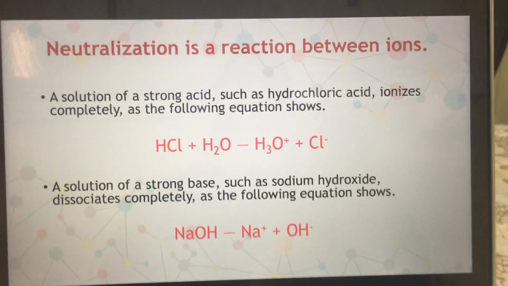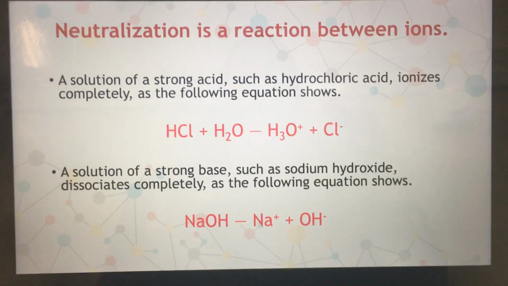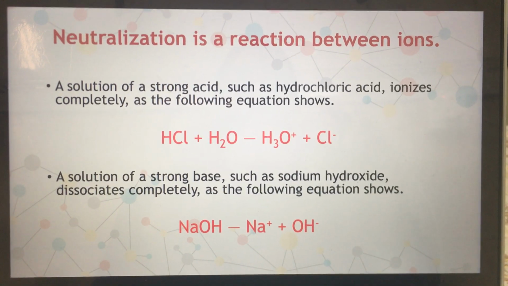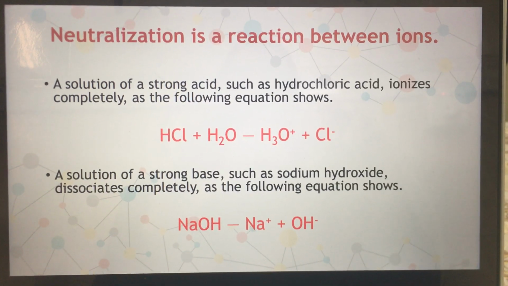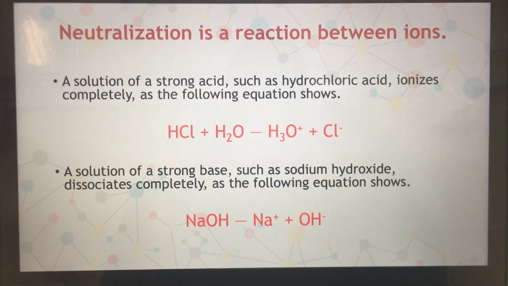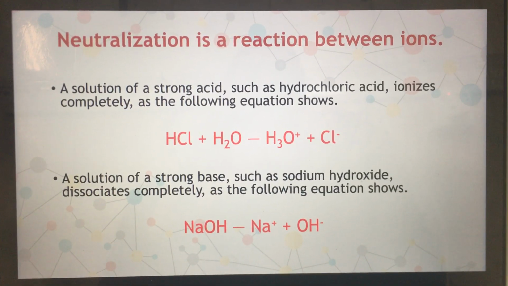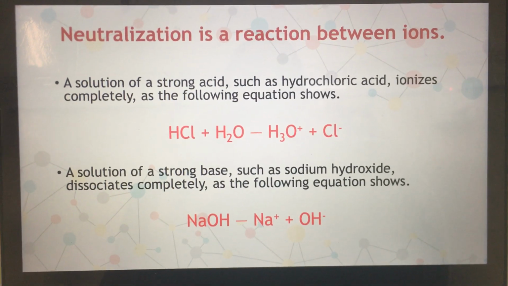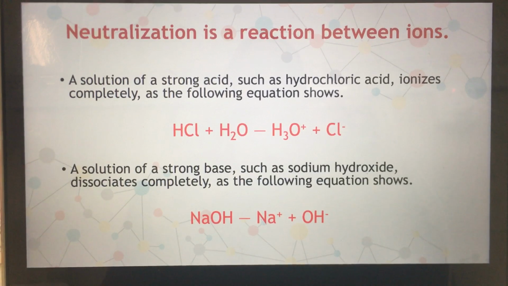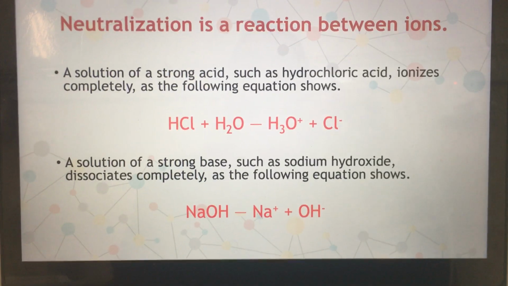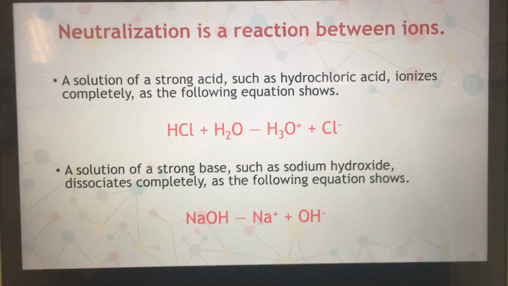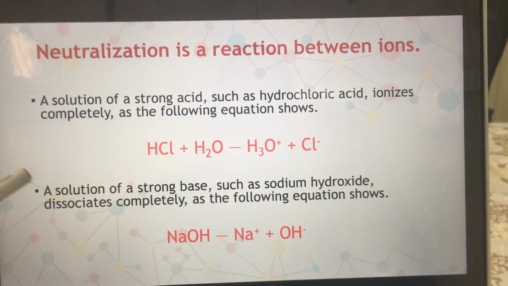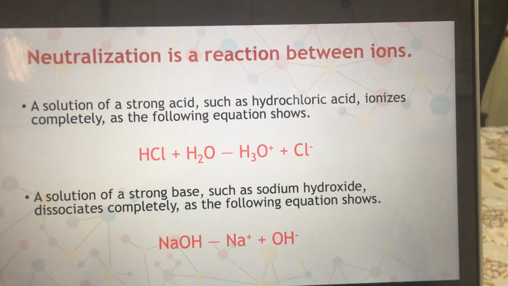How does this neutralization take place? Now remember, when a strong acid is dissolved in water, a solution of strong acid, the strong acid will ionize completely in water. And we explained this before in section 1. What is the meaning of ionize completely? It means the acid will change to hydronium ions and negative ions.